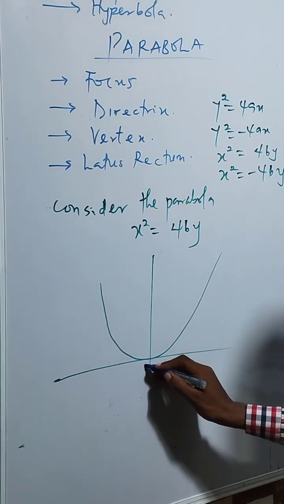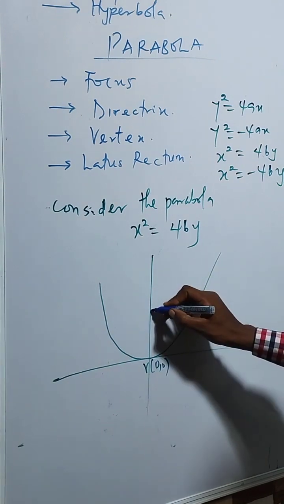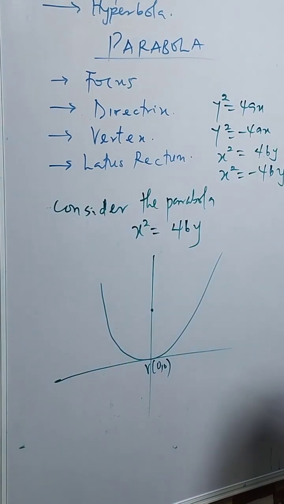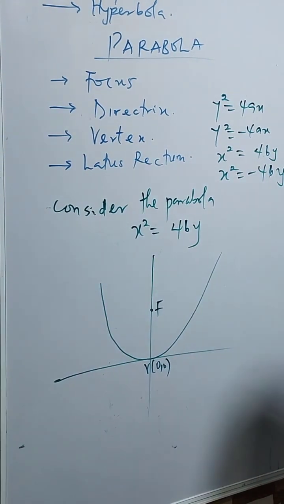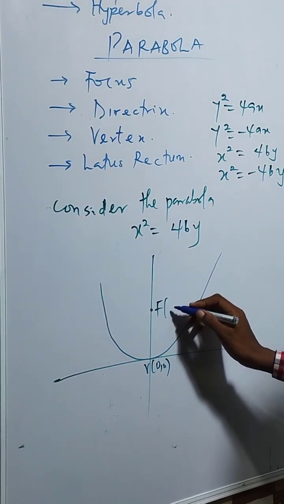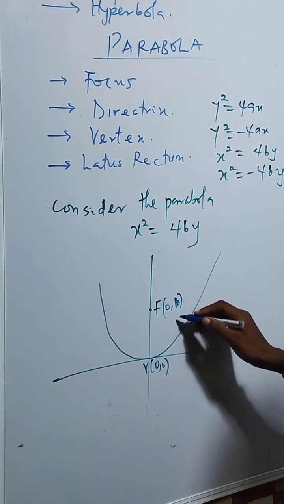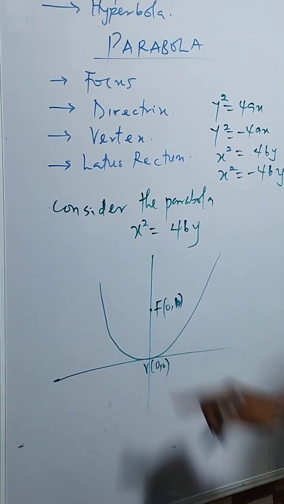This point is my point V. Don't forget that this is still (0, 0). I'll place my focus point at this place. So the focus F is (0, b). That's the focus point here.